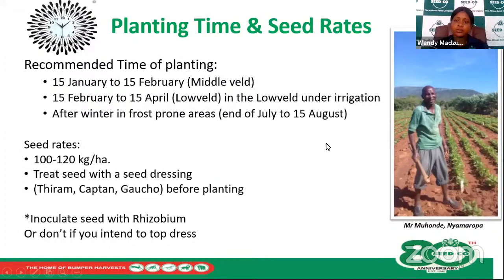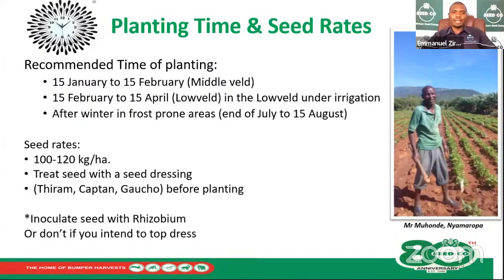So the recommended time for planting dry bean or sugar bean is from the 15th of January to the 15th of February in the middle veld. And in the low veld, it's from the 15th of February to the 15th of April, and normally it's under irrigation.